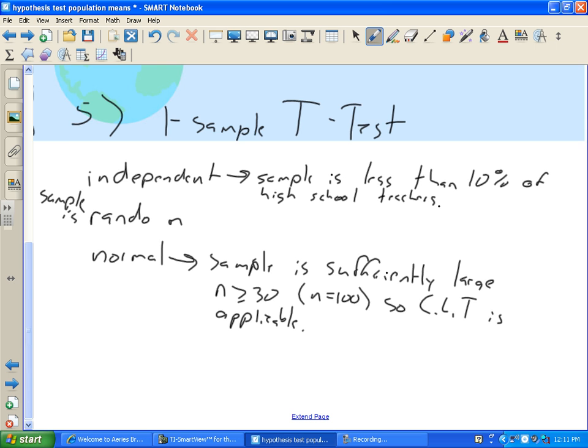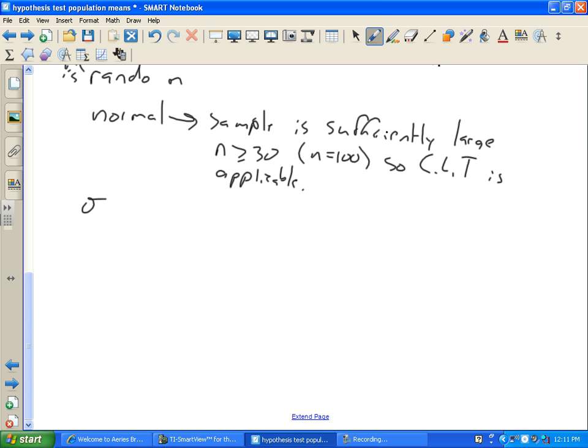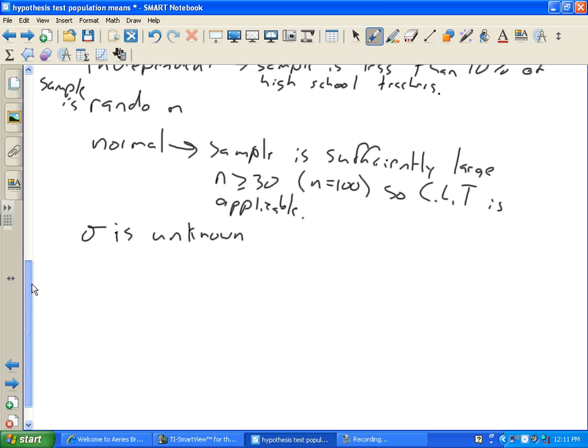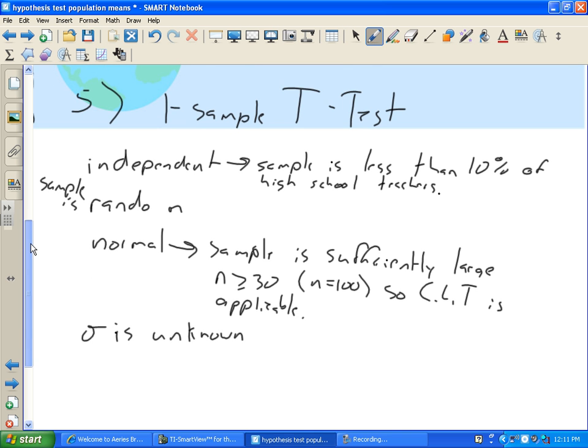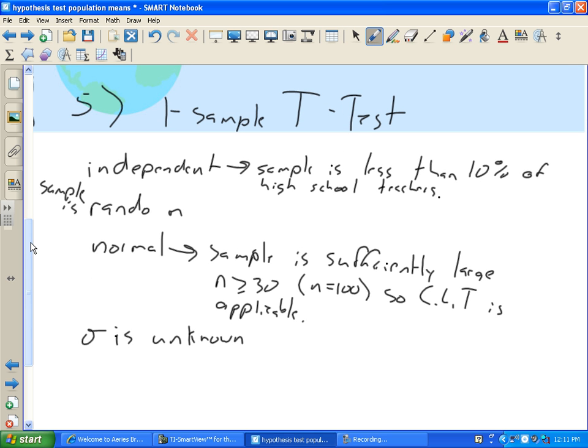The other thing I'm going to add right here is sigma is unknown. And again, 99% of the time, sigma is going to be unknown. And I told you that rare case, if they happen to tell you that the population standard deviation is known, then you'll use a z. But like I said, I've never seen a free response on that.